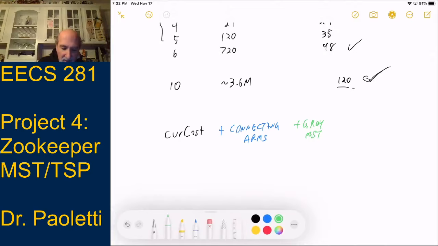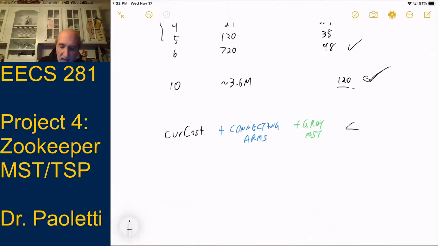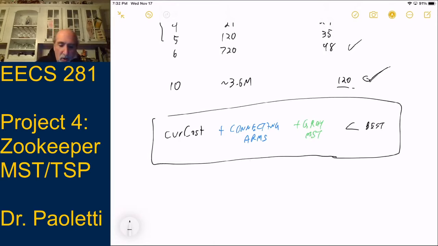If that is less than the best so far, promising says true, otherwise it says false. So if you're over or under pruning, it has to be one of four people's faults. Either your best so far is wrong, that's pretty easy to verify. Your current cost is wrong, verifiable. Your connecting arms are wrong, or your MST is wrong. Somebody's wrong if you're not pruning correctly.